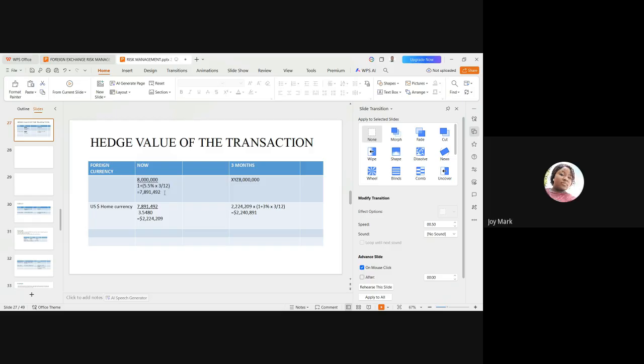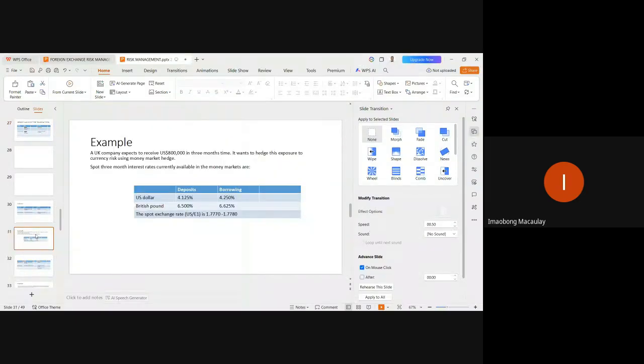Okay. There was 7891, a division. Yes. Okay. So now for this second one, going by the question, the rate that we use to multiply, why did we use the 4.250?